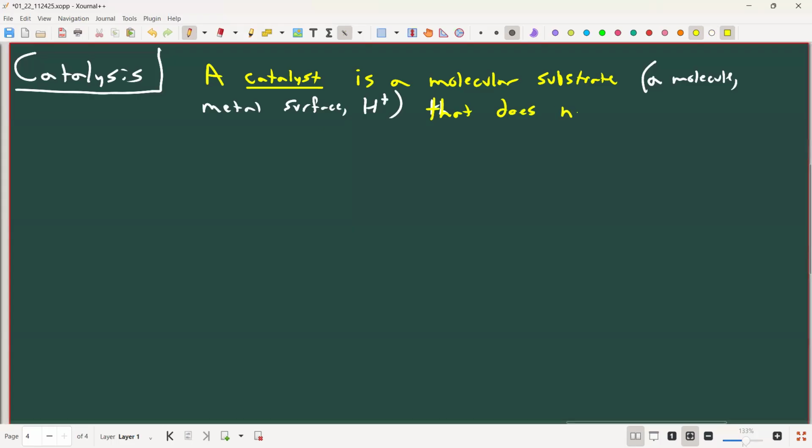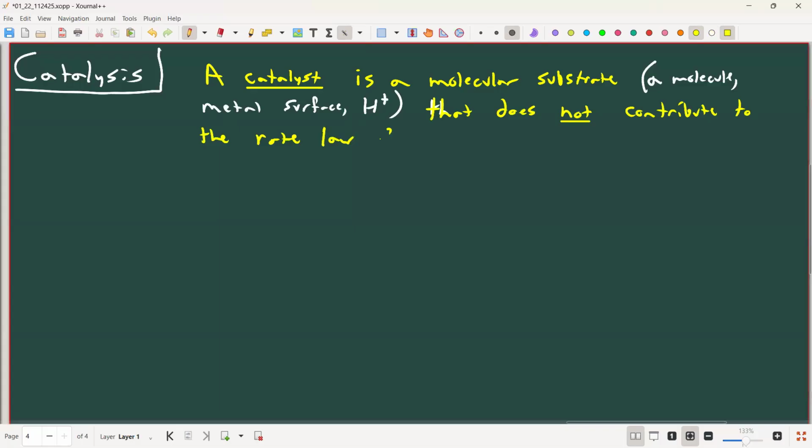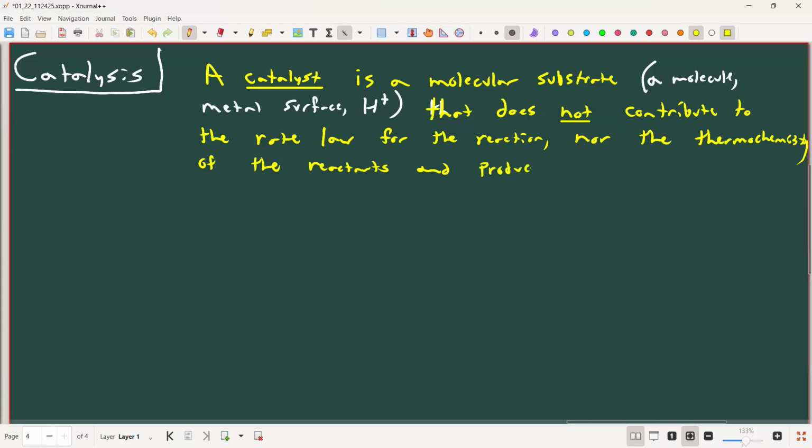That does not contribute to the rate law for the reaction, nor the thermochemistry, right, the delta H's, the delta G's of the reactants and products. But amplifies, accelerates the reaction.